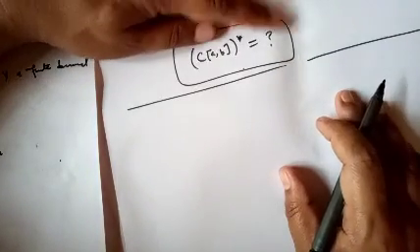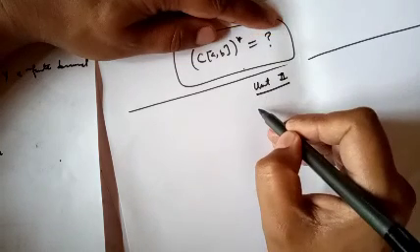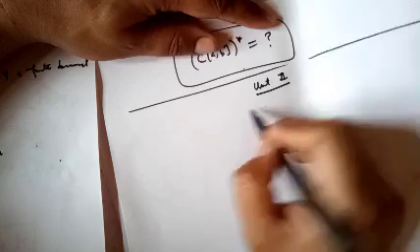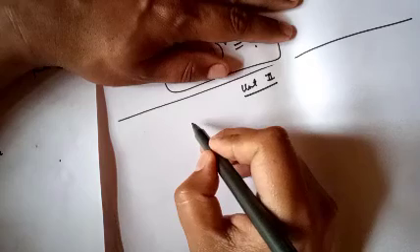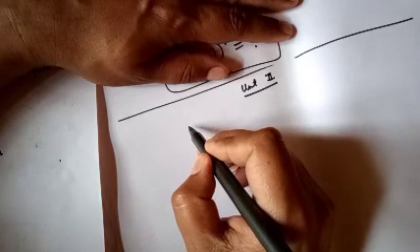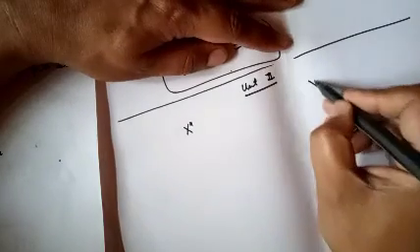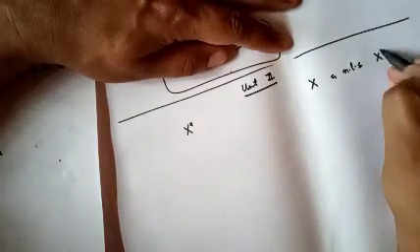So let me start with unit 2 of functional analysis. Now, let's start with where we left off in the previous unit. That was the dual. For every X, a normed linear space, there exists its dual.